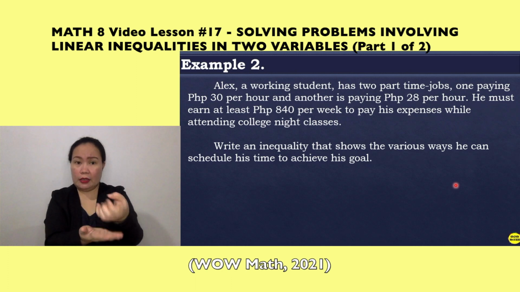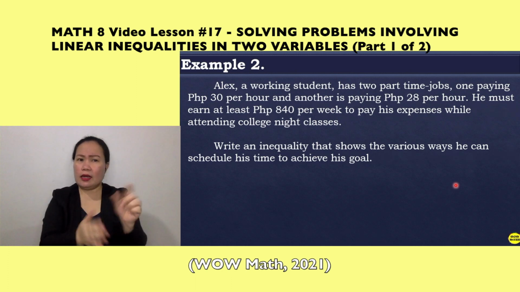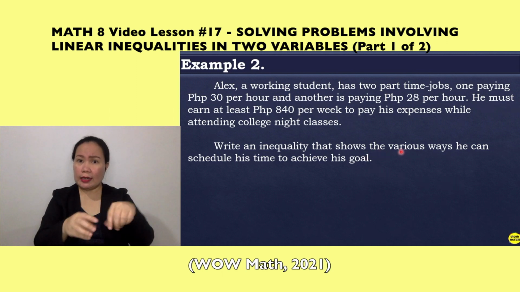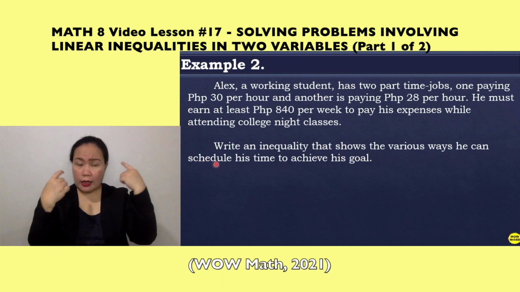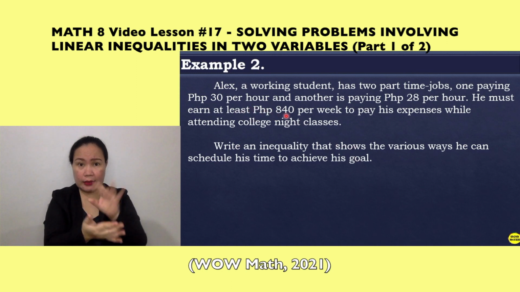So, write an inequality that shows the various ways he can schedule his time to achieve his goal. So, ano ba yung question? Anong focus natin? So, aalamin natin yung iba't ibang schedule na pupwede para ma-achieve niya yung goal niya na makapag-earn siya ng at least 840 pesos.